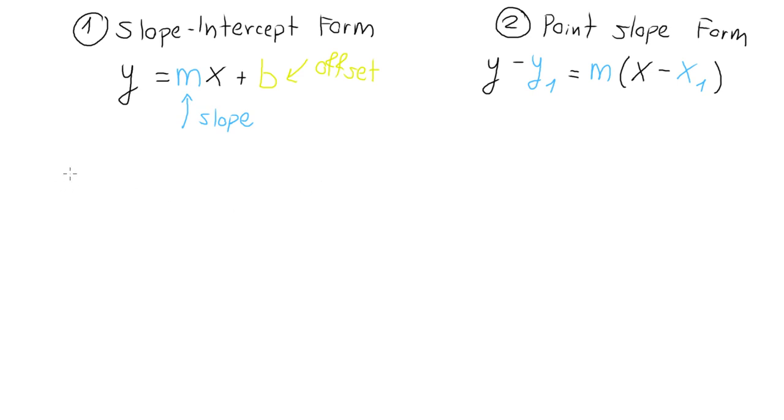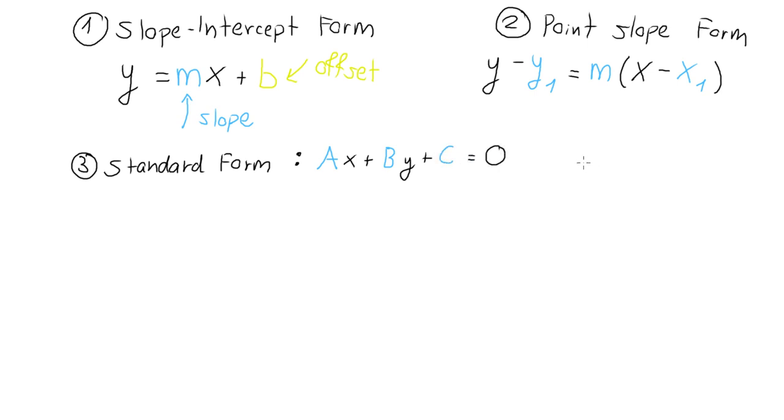There's also the standard form, which, just for the theory, I will also write down. The standard form we get from form number 2 or form number 1, and it is simply that there is an existing A, an existing B, and an existing C such that Ax plus By plus C equals 0.